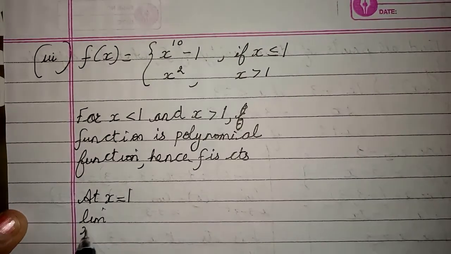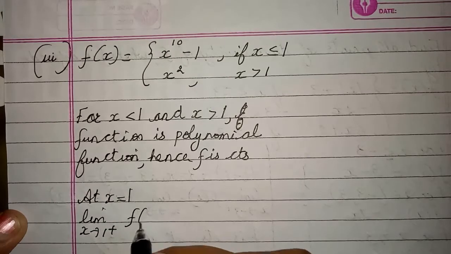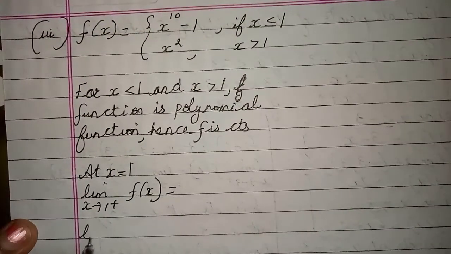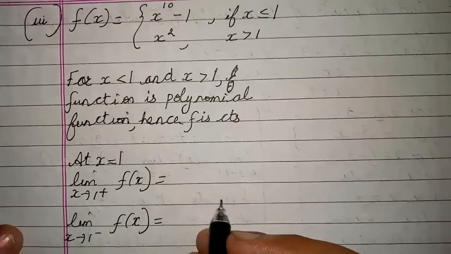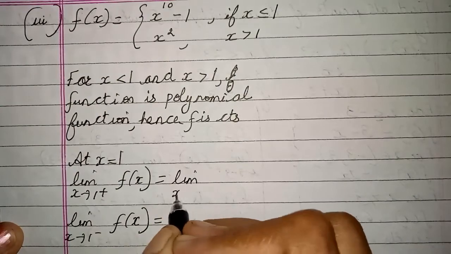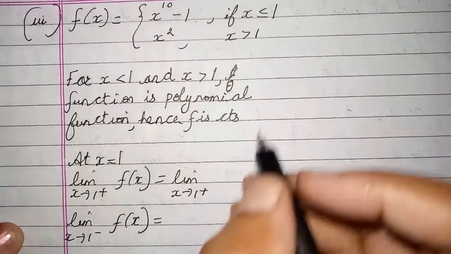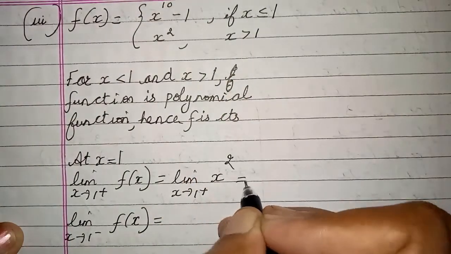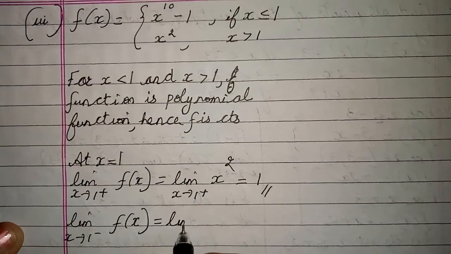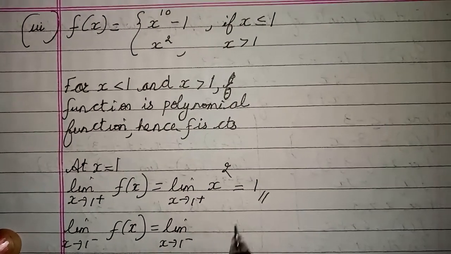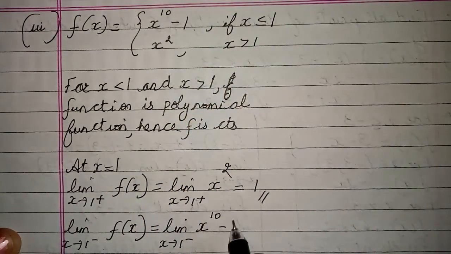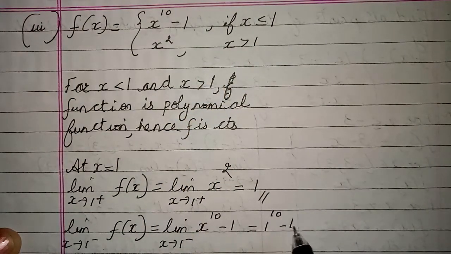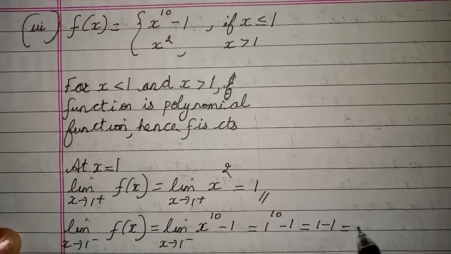You have to calculate limit as x tends to 1 plus of f of x and limit as x tends to 1 minus of f of x, and then if they both are the same, you have to calculate f of 1. Limit as x tends to 1 plus: 1 plus means greater than 1, so it is x square, so it is 1. Similarly, limit as x tends to 1 minus means from your left side, so x raised to 10 minus 1, which is 1 raised to 10 minus 1, 1 minus 1, which is 0.